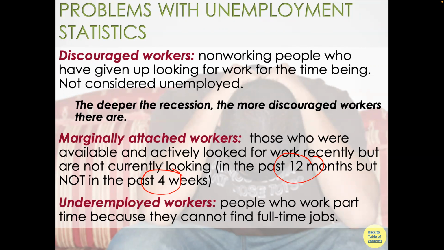But this particular individual, we call a marginally attached worker, because he or she has not actively searched in the past 4 weeks, because he or she feels a little bit discouraged. But this individual has not completely given up. She or he has tried to search for a job in the past year. But again, this individual is not going to show up in the unemployment rate because she or he is not considered unemployed.